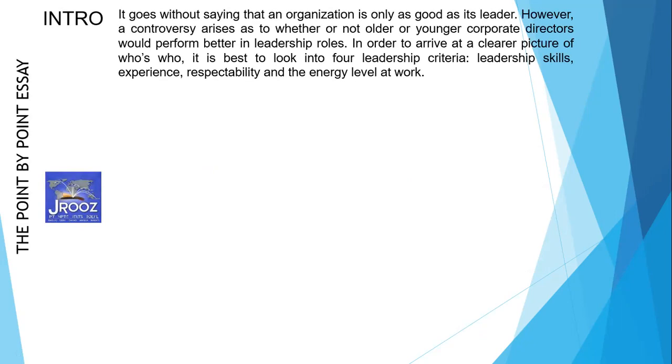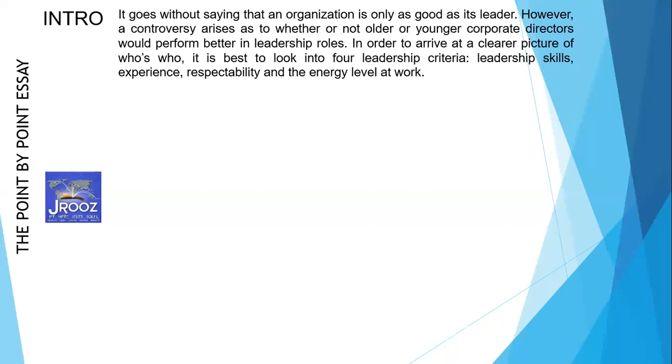Okay, let's look at the essay. The point by point. It goes: oh, the intro is so different. It goes without saying that an organization is only as good as its leader. That's the hook. However, a controversy arises as to whether or not older or younger company directors would perform better in leadership roles.